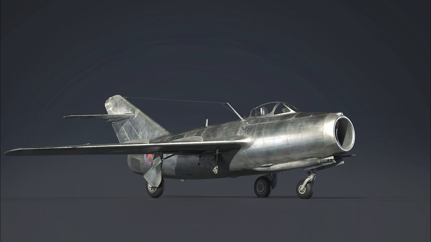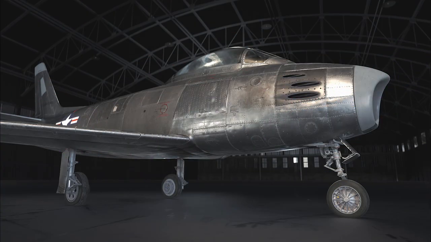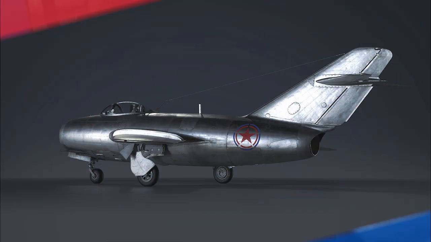So at low altitudes, Sabres were better; at higher altitudes, MiGs were better. The biggest advantage was the climb and the bigger service ceiling. The MiG-15 had 15.5 kilometers and the Sabre 1 kilometer lower, so 14.5. So if a dogfight happened at low altitudes, the Sabre had better turn rates.